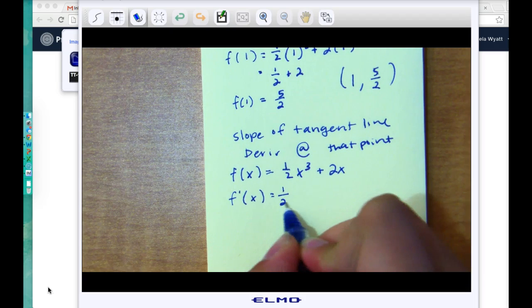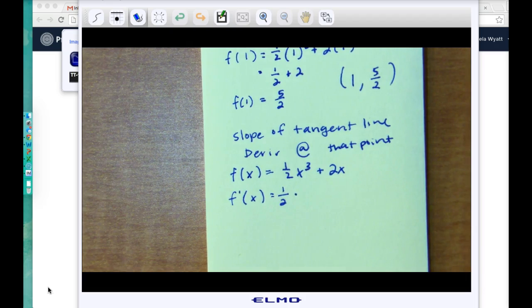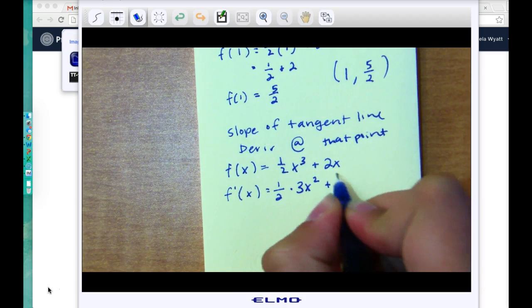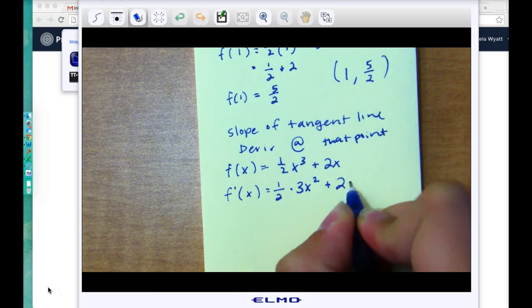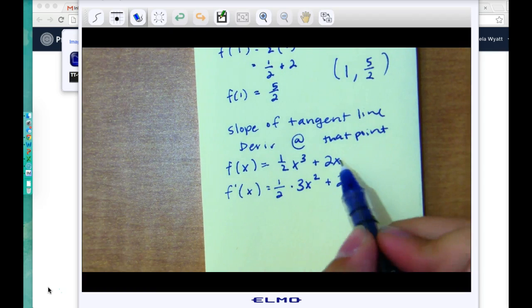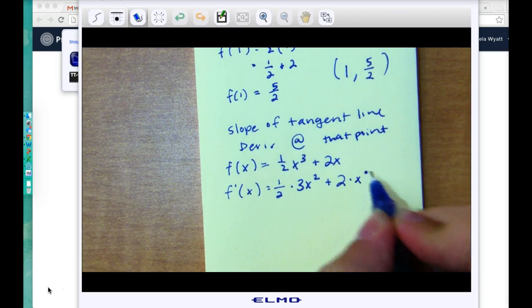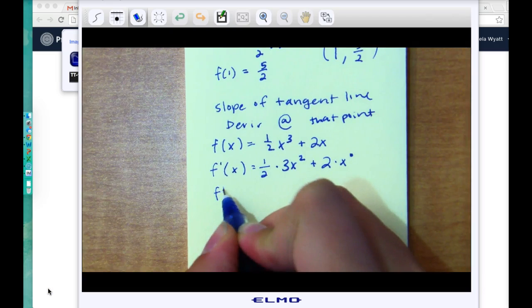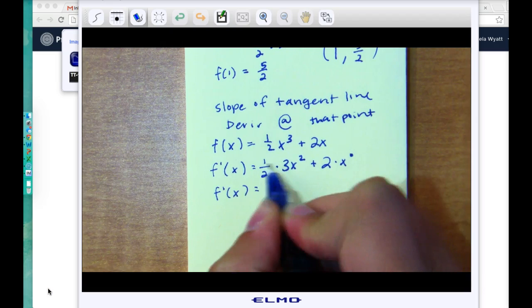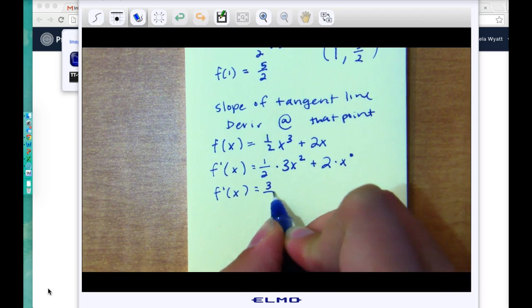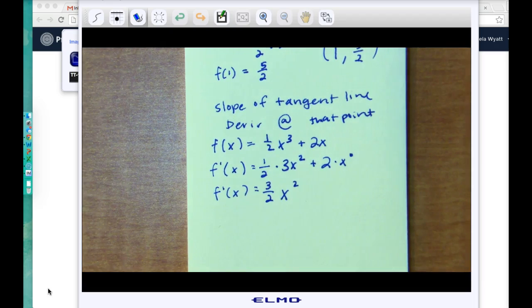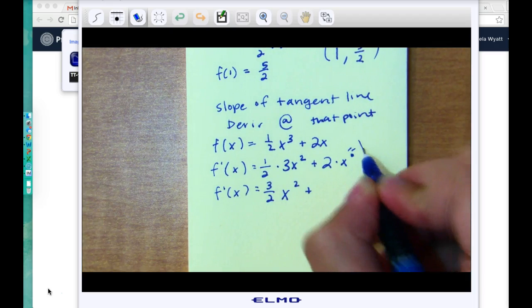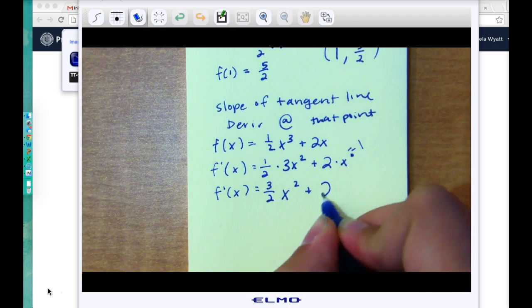So 1/2 times the derivative of x to the 3rd is going to be 3x squared, plus my multiplier 2 times the derivative of x, which is just x to the 0. So this will become f prime of x is equal to 3 times 1/2, which is just going to be 3/2 x to the power of 2, plus 2 times x to the 0. Remember, that's just going to be 1. So 2 times 1 is going to leave me with 2.